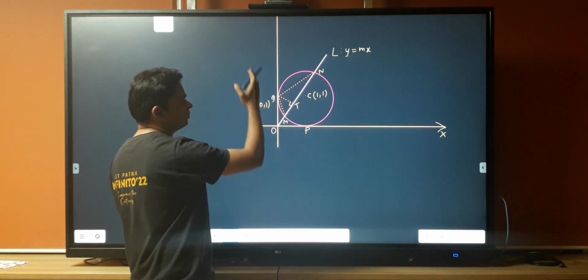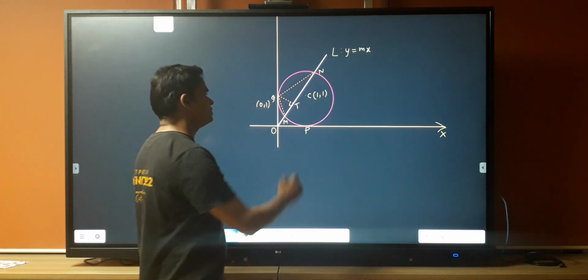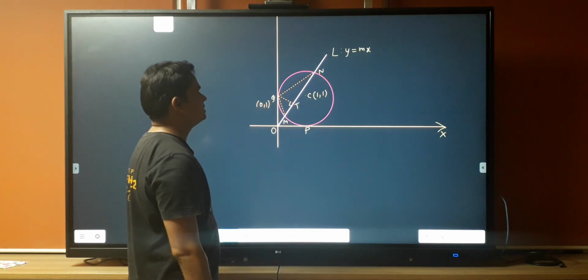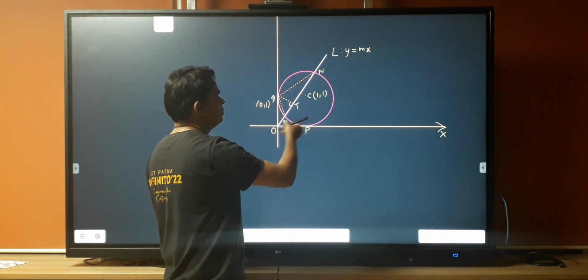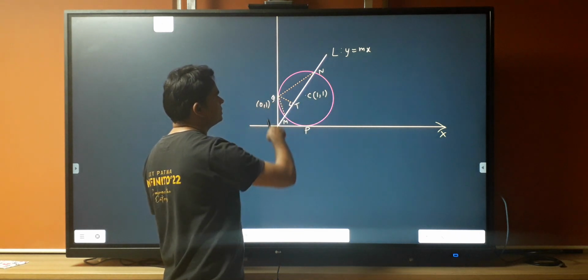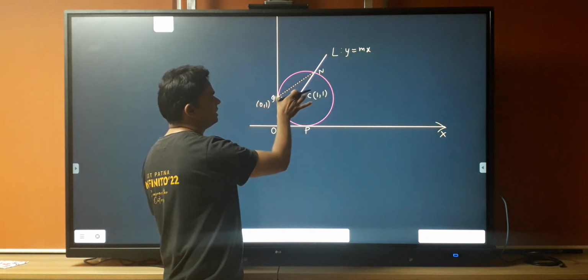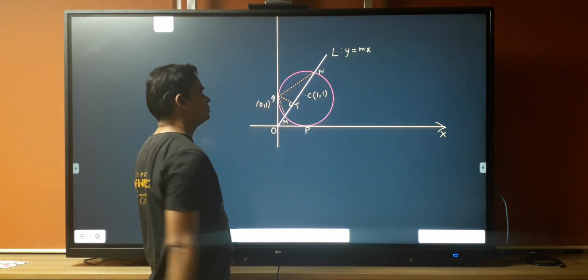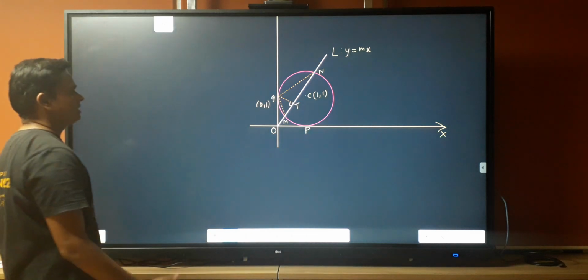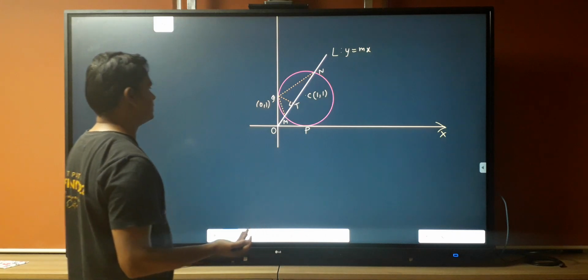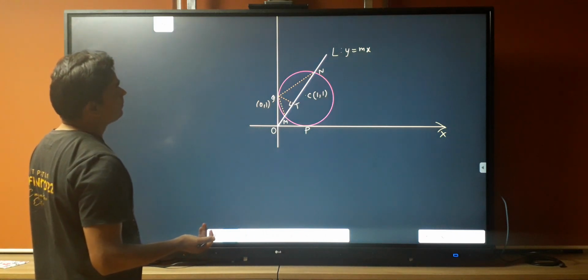Similarly, the y-axis is also a tangent, so CQ is perpendicular to it, and therefore OPCQ is a square. So C is (1, 1). These are simple geometry things you have learned in class 8th and 9th, so I am not going to discuss it.